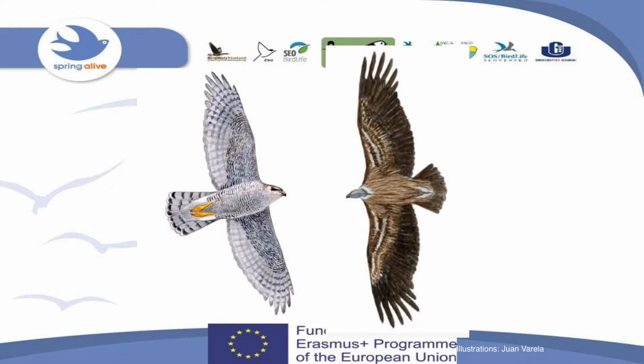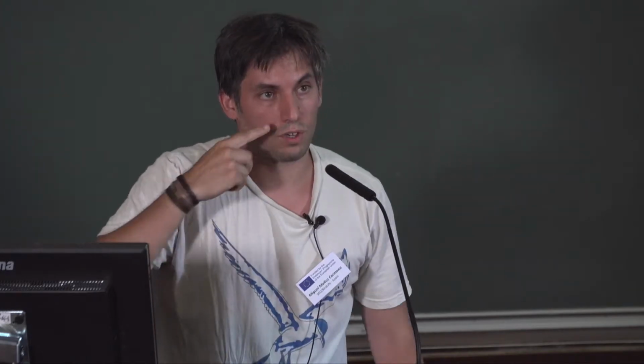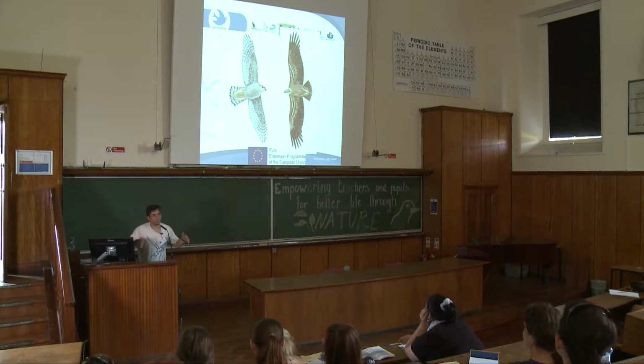The vulture is an animal that flies like that. It doesn't move, and it's always looking for food. If you look for food like that in a forest, you are not going to see anything because everything is covered by leaves. So if you want to hunt in a forest, you need to be inside the forest.